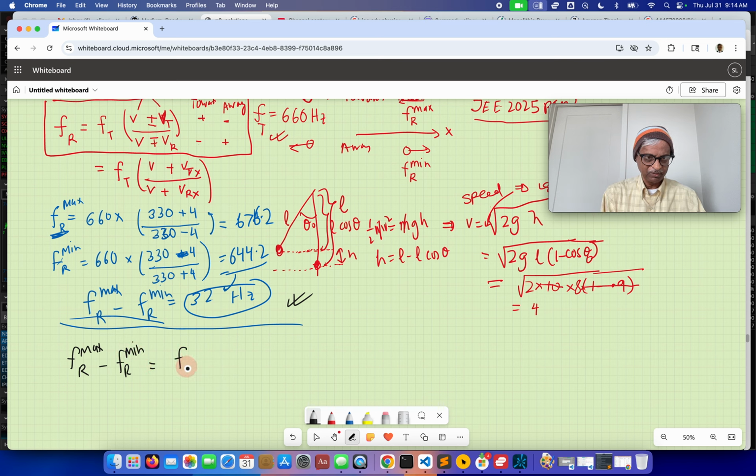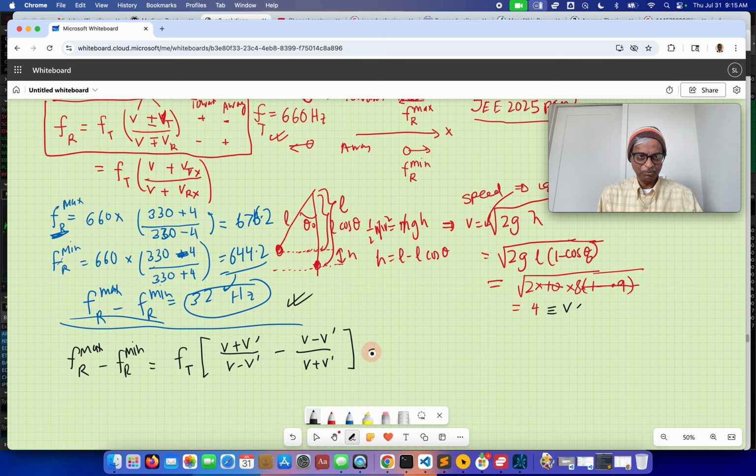So if you have an FT, you have a B plus, let's call this V prime, V prime over V minus V prime, where V is the speed of sound, minus V minus V prime over V plus V prime.